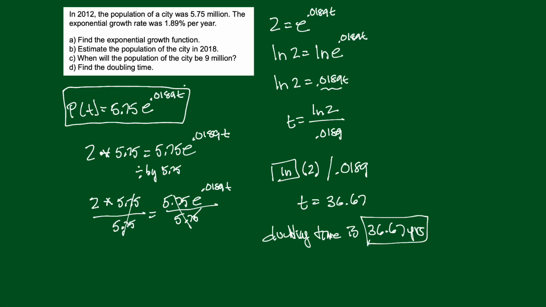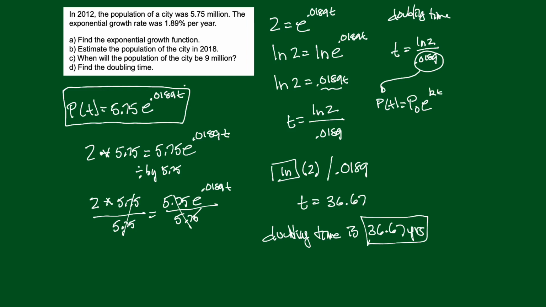Okay, now before we move on, let's look at this doubling time idea. Here's what we got in our problem: t is equal to ln2 over 0.0189. But what is this 0.0189? If you come back to the model, the model is actually P of t is equal to P naught, the original population, e to the kt.